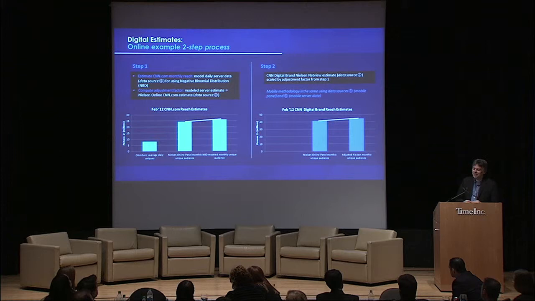What we're doing is using the negative binomial distribution, which is a fairly standard approach to this, to calibrate the demographic profiles and the reach to the census estimates. And we do that for both digital and for mobile.